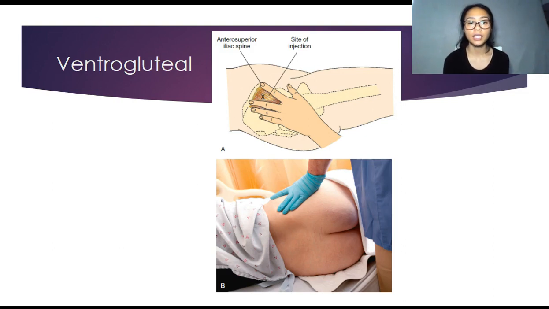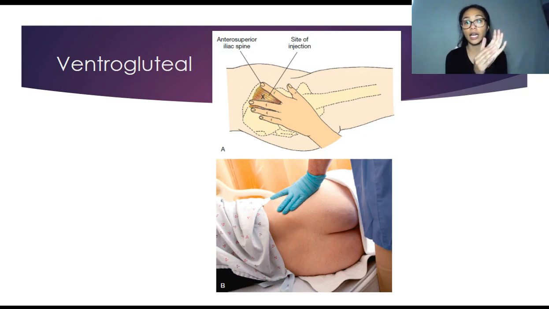The gluteus medius and minimus are those deep muscles, and they are away from major nerves and blood vessels. We locate the muscle by placing the heel of the hand over the greater trochanter.